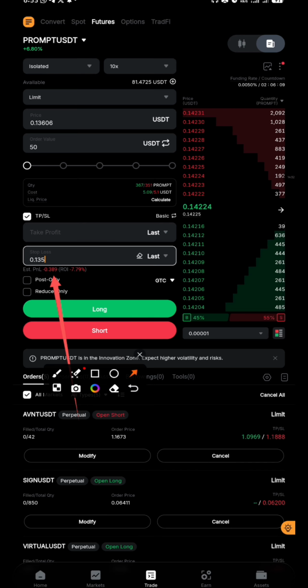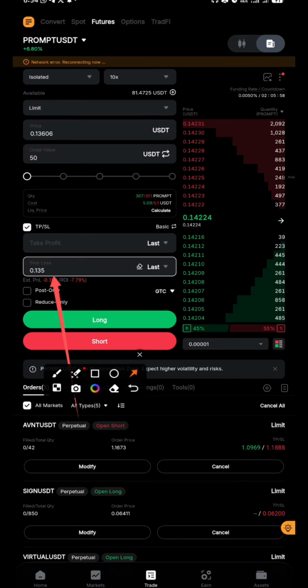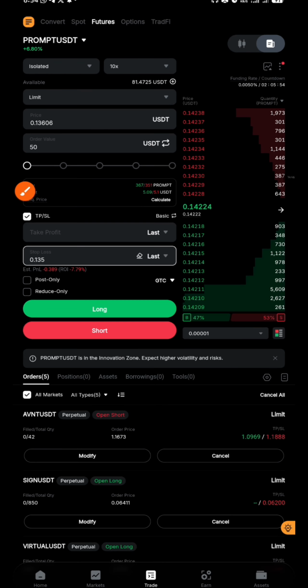But when you do it like this, it means your stop loss is closer to your entry. Me, I don't like it like that. I like shifting my stop loss a bit to give the trade some breathing space, right?